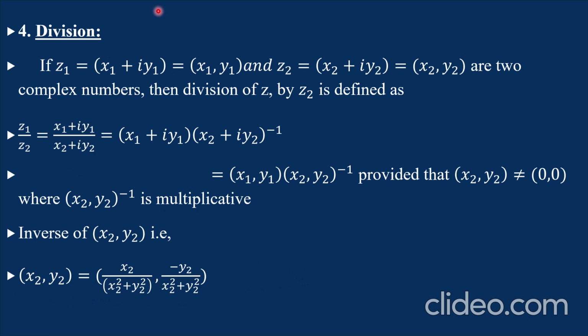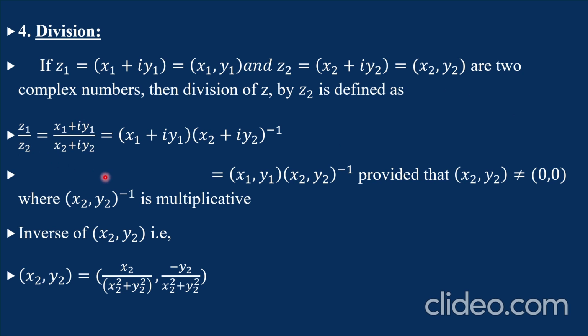Then division of complex numbers. If z1 is equal to x1 plus iy1, which is equal to (x1, y1), and z2 is equal to x2 plus iy2, which is equal to (x2, y2), are two complex numbers, then the division z1 by z2 is defined as z1 divided by z2, substituting the values of z1 and z2.